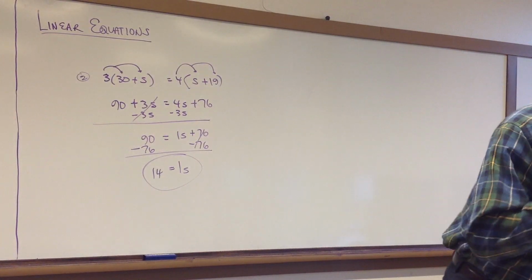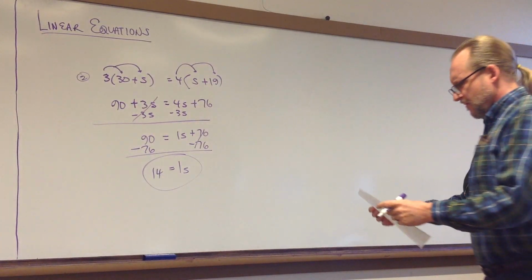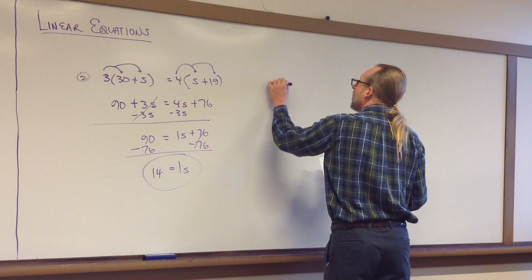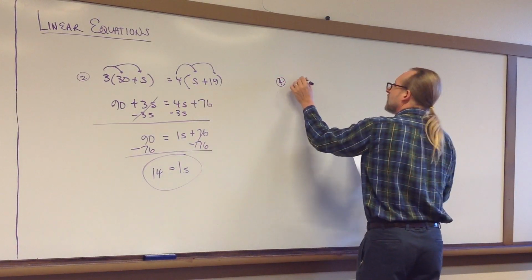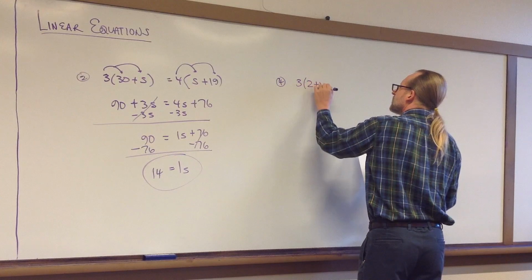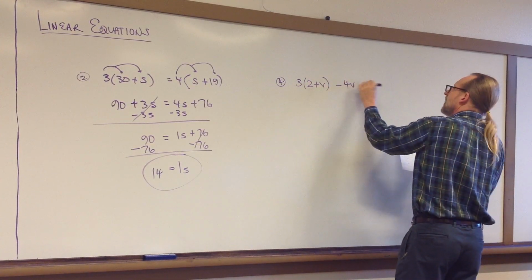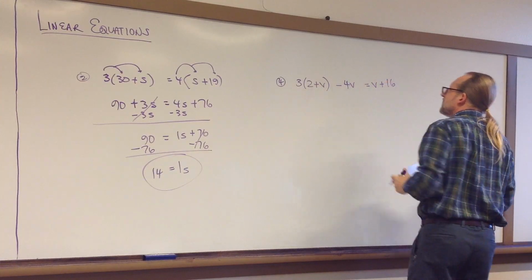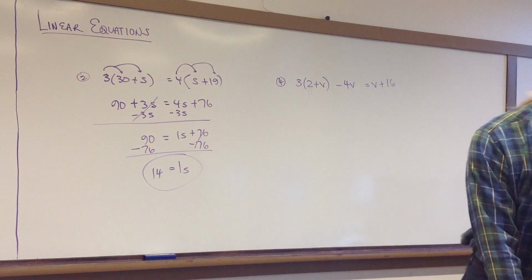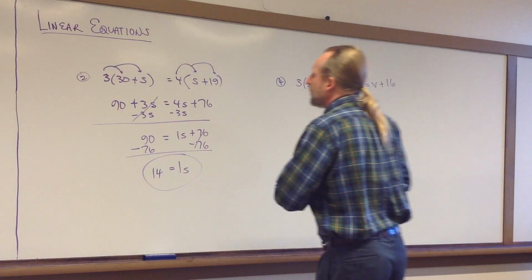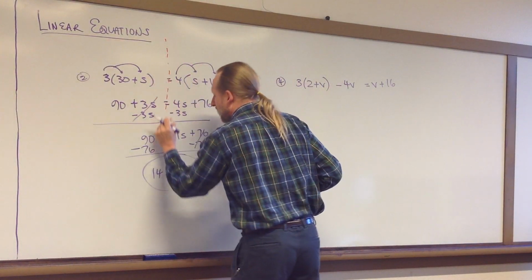Let's see here. Problem 4. We've got 3 times 2 plus v minus 4v equals v plus 16. Okay. So every equation, right, has two sides.